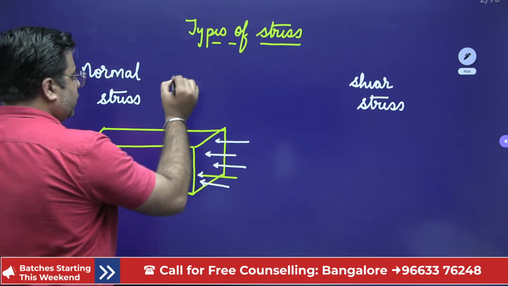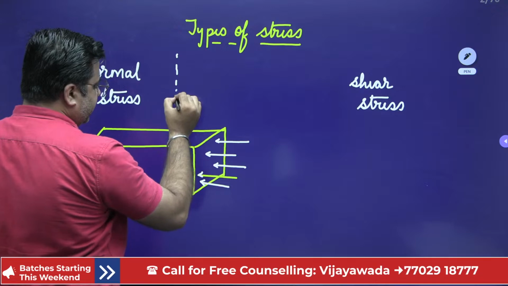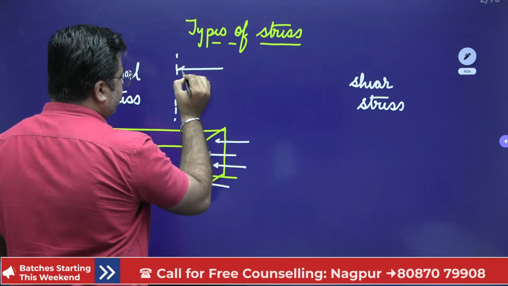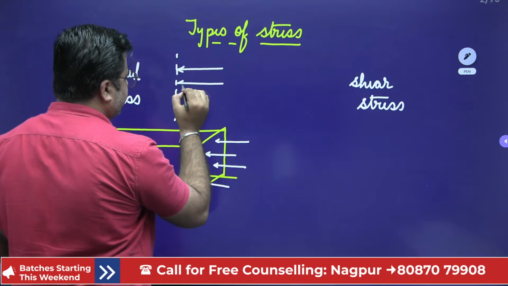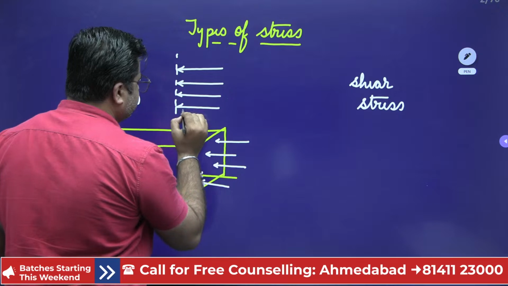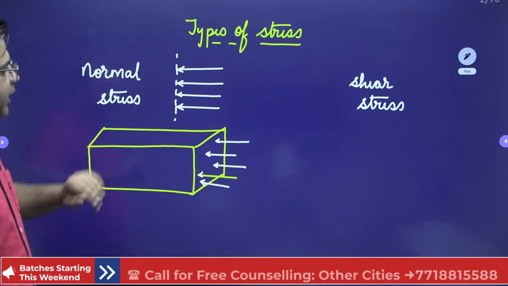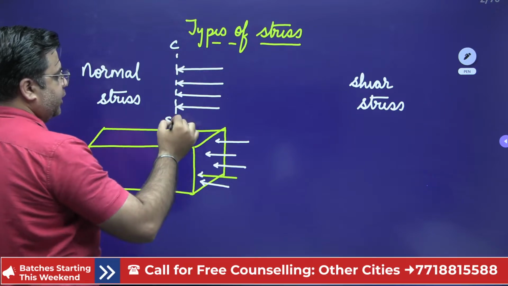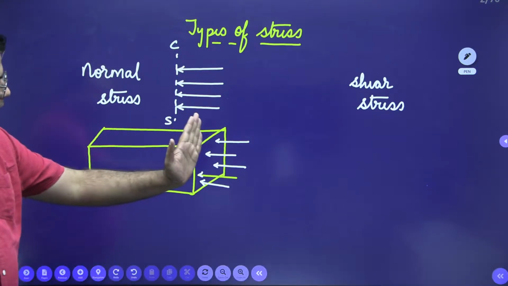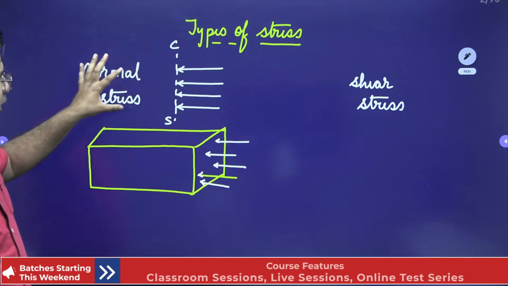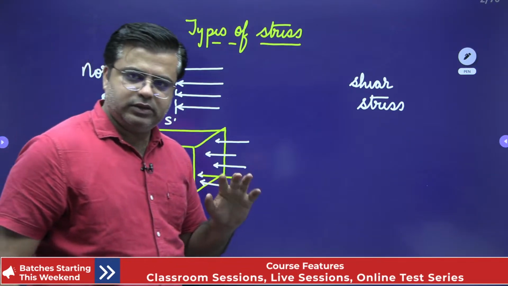So if this is my cross-sectional area, and the stresses are acting normal to the cross-sectional area or perpendicular to the cross-sectional area, then these types of stresses are termed as normal stresses, okay?